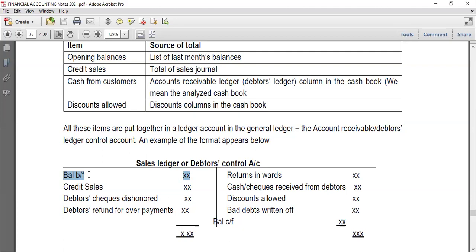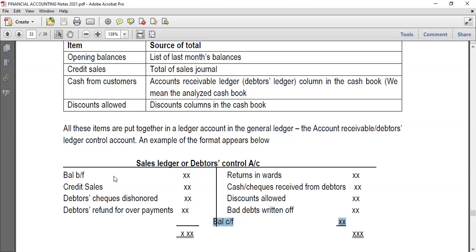So the balance brought down is on the debit side, while the balance carried forward or carried down is on the credit side, okay? We know very well that as it is on the credit side here as a balance carried forward, it is actually a balance brought down in the next period, okay?